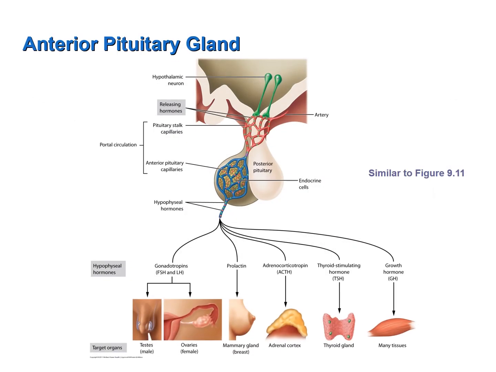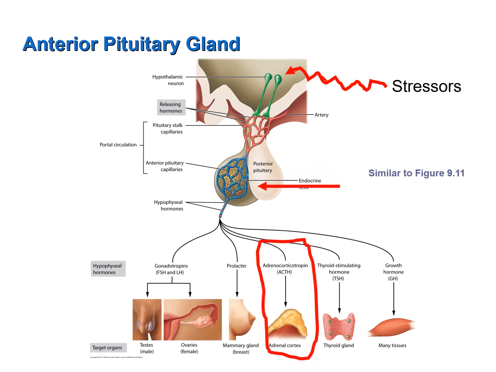So what causes the release of cortisol? Stressors cause the hypothalamus to release hormones that target the anterior pituitary gland and cause it to release ACTH, or adrenocorticotropin. Adrenocorticotropin targets the adrenal cortex. It is a tropic hormone and causes the adrenal cortex to release cortisol.